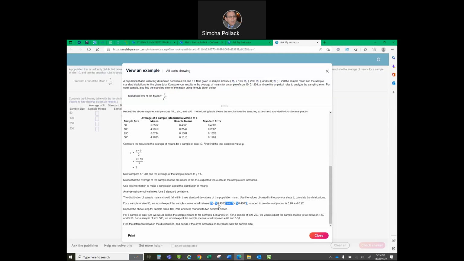That's what's screwing it up. They're using the actual standard deviation among the means, called the standard error of the means, which we calculated before. Doing 3 of those, added to the ideal number of 5, and then subtracted. So if we do that, we're pretty sure to get the same thing they just got, which was 4.36 on the low side, 5.64.